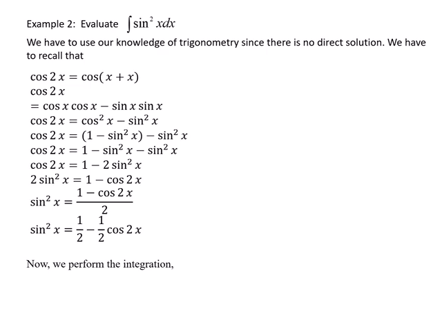Now, since we have got it this way, we just separate it. We have 1 over 2, then minus cos 2x over 2. Whether it is cos 2x over 2 or 1 over 2 cos 2x, we are still saying the same thing.